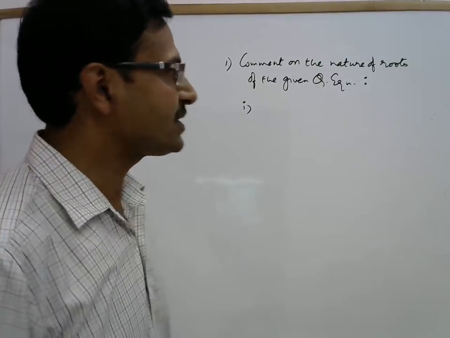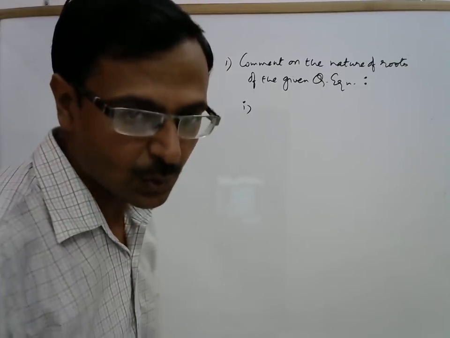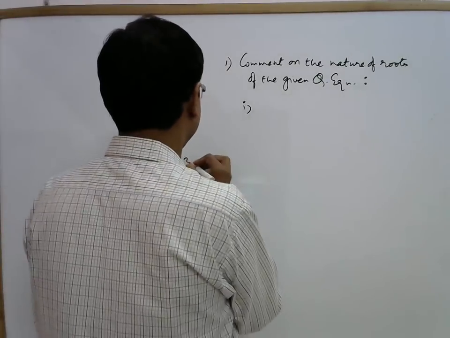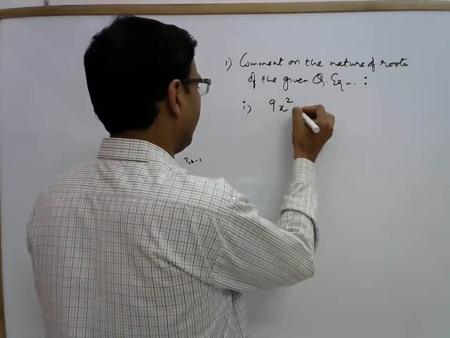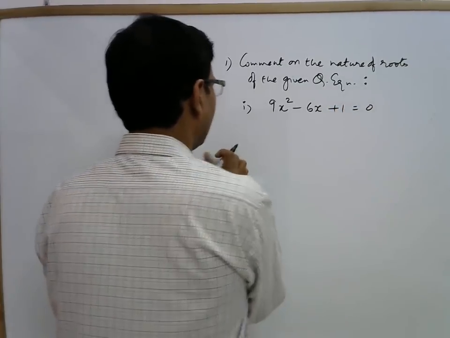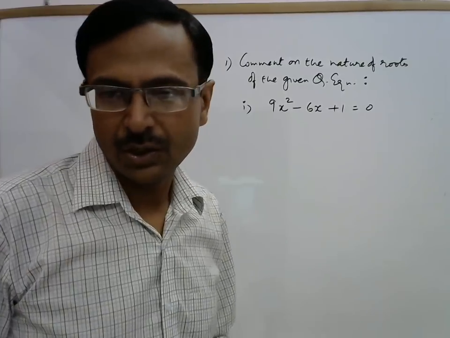Okay, so this is the first example. Comment on the nature of roots of the given quadratic equation. The first quadratic equation given is 9x square minus 6x plus 1 equal to 0. You have to comment on the nature of the roots.